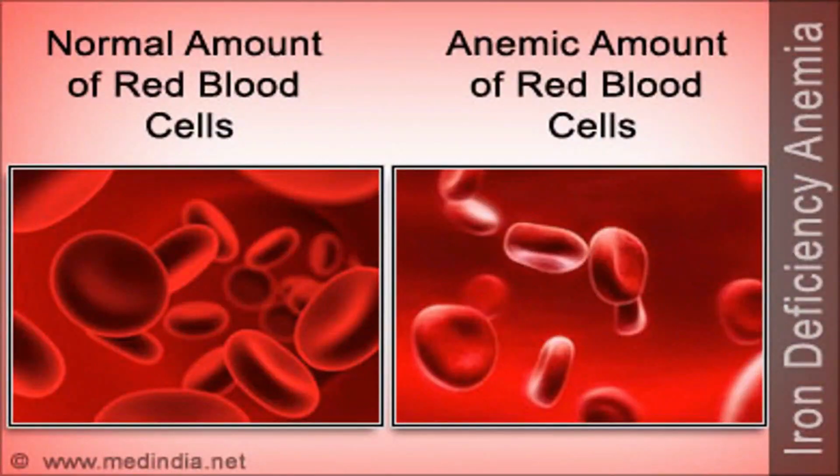Because of iron deficiency in the bone marrow, the amount of red blood cells become insufficient. Red blood cells are responsible in taking oxygen to the different organs of our body. Women in reproductive age are more prone to this disease because of high level of menstruation.